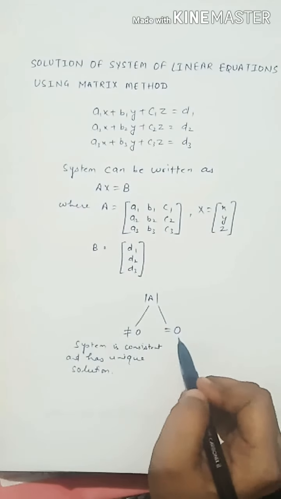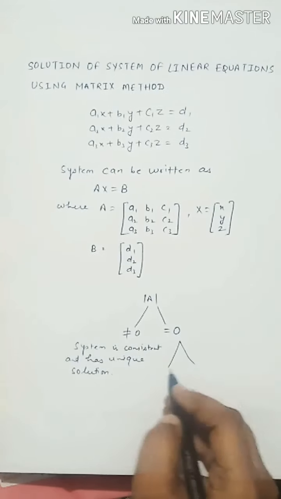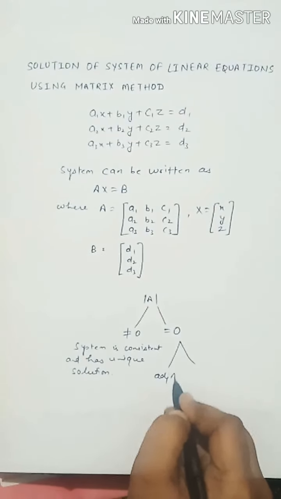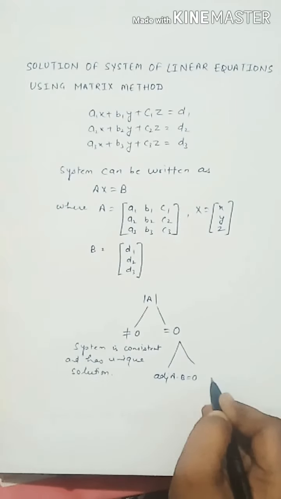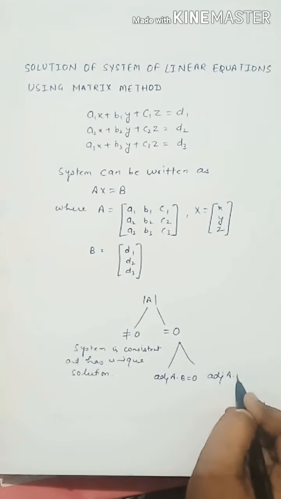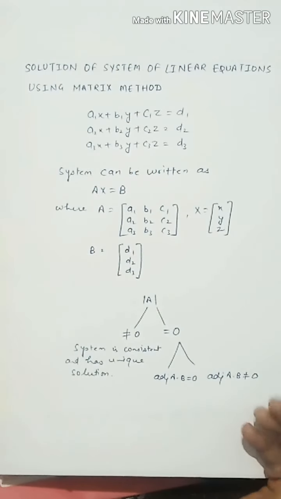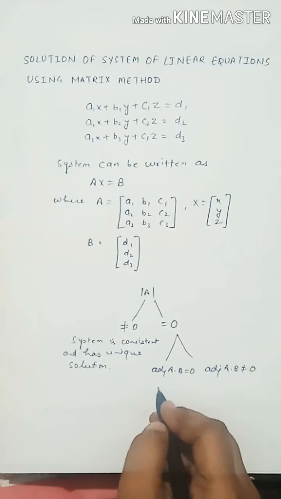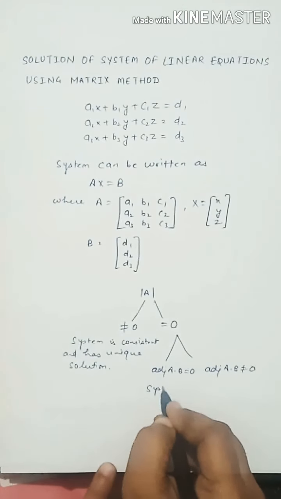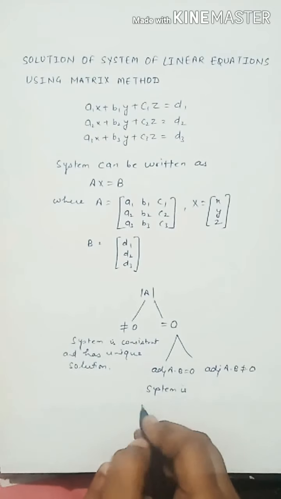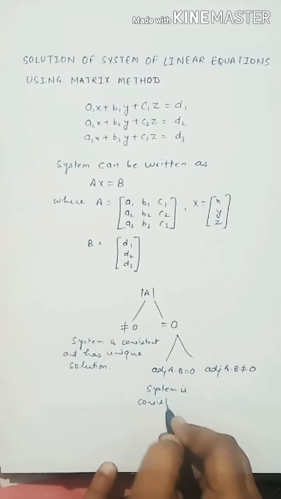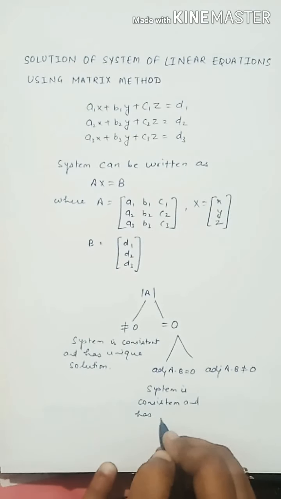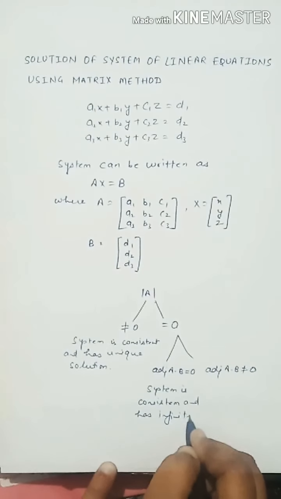And if determinant A is 0, further we find adjoint A into B and we check whether it is 0 or it is non-zero. If determinant A is 0 and adjoint A into B is 0, we will say system is consistent and has infinitely many solutions.